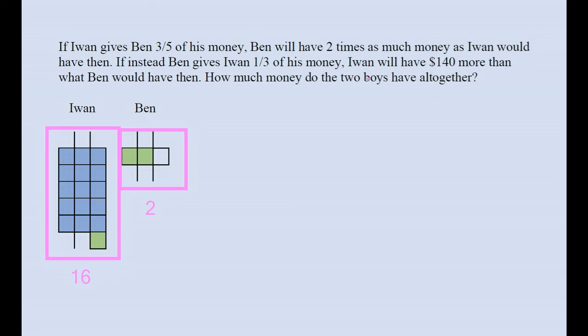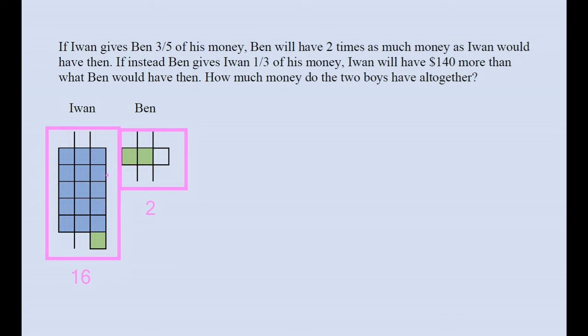Now what happens? The question claims that Ivan will have $140 more than what Ben would have then. So what's the difference between the number of squares Ivan has now and the number of squares Ben has now? The difference is 14. Ivan has 14 additional squares compared to Ben.